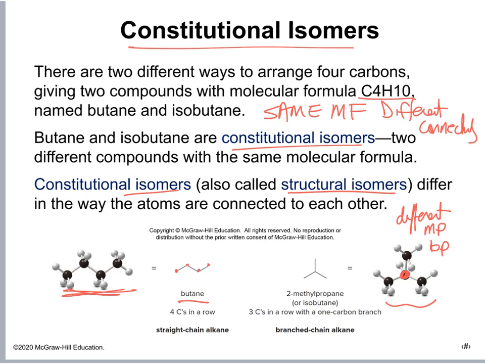Might be helpful. Okay, so here's this carbon here, and then you have 1, 2, 3, 4, and they're named differently. So this one you'd find the longest chain for the naming, and you have to go all the way from one end to the next, and that's butane. There's no substituents off of that. This one, the longest chain would be 3, so there's propane, and then on carbon number 2 you have a substituent, so 2-methylpropane.